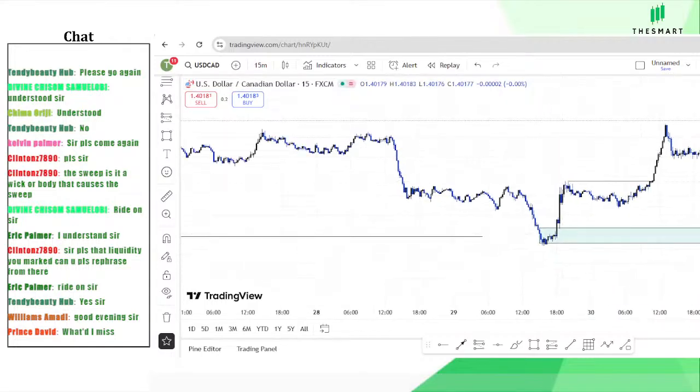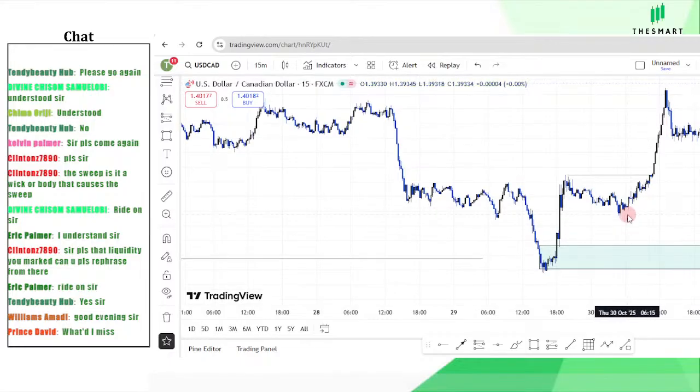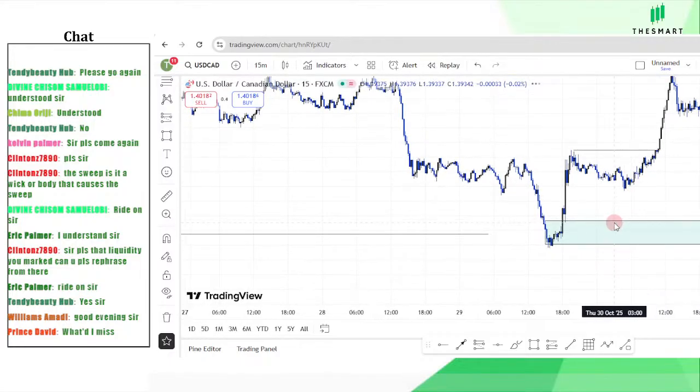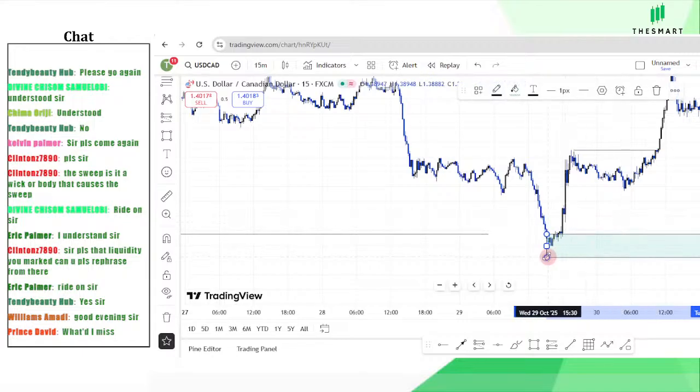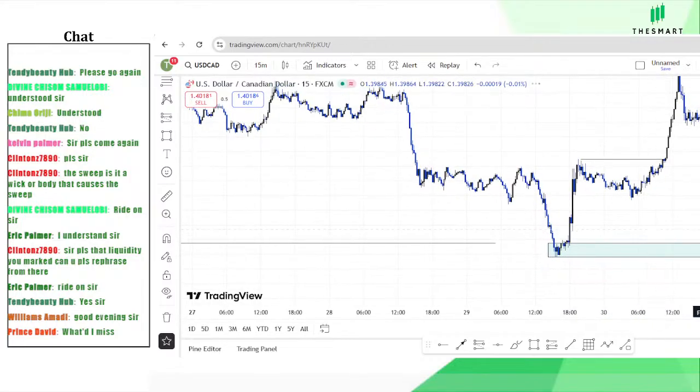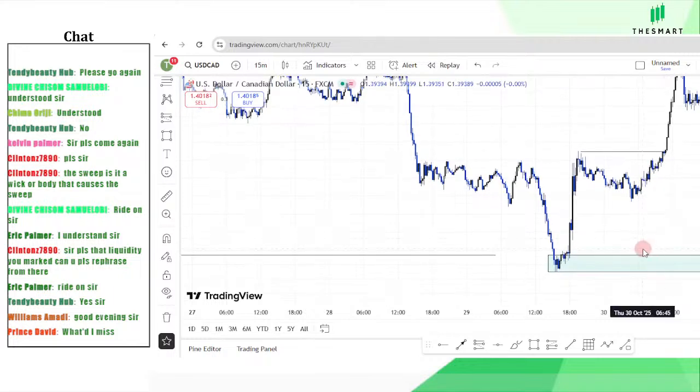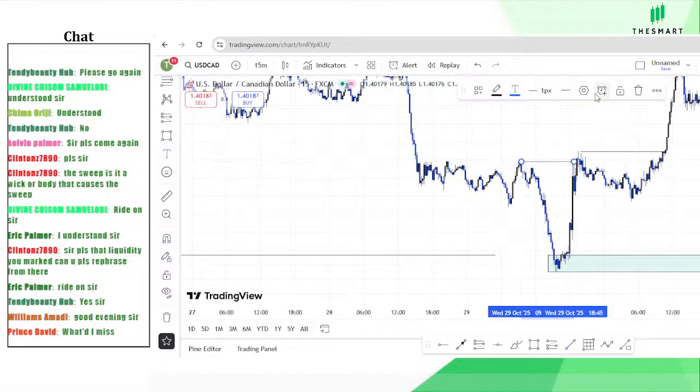All right, so here we are on 15 minutes. This is what the order block would have looked like on 15 minutes. From the 15 minutes level, price still hasn't filled this particular zone, because if you look at this point, this is where we had a change of character on 15 minutes.